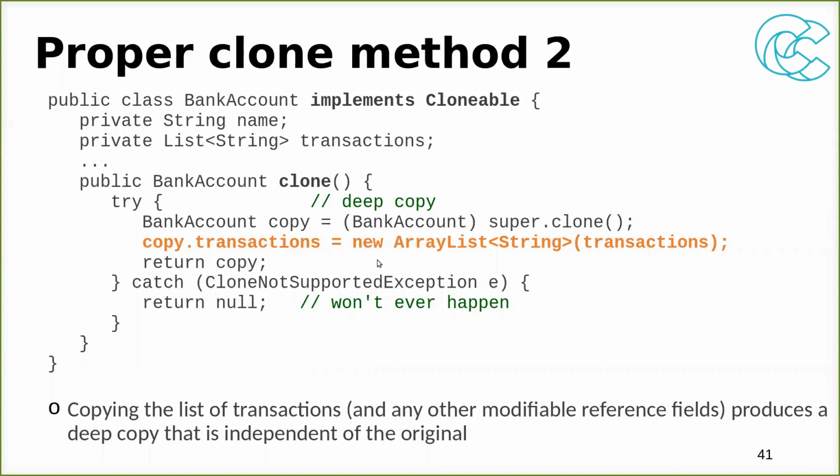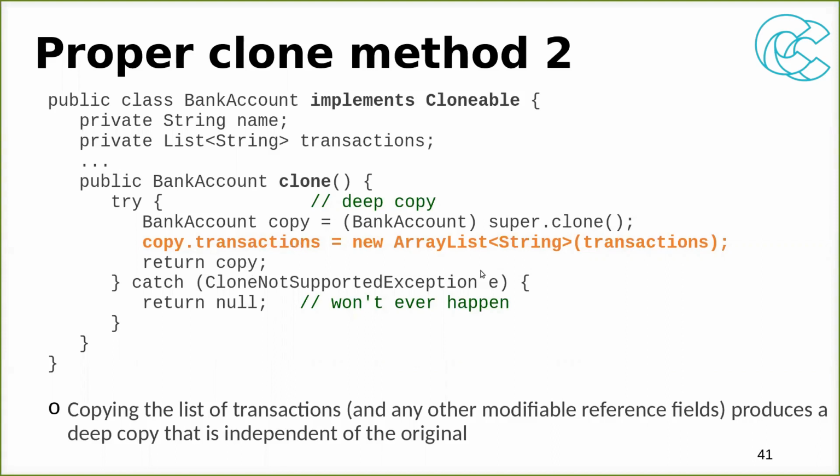So you have to call the constructor because you have to create a new memory location. So that's why you call the constructor, which is new ArrayList. And then you pass in the transactions, which is the original one. So this will create a new instance, but copy the values of the original list elements into this. And now you can return this copy, which is the clone.